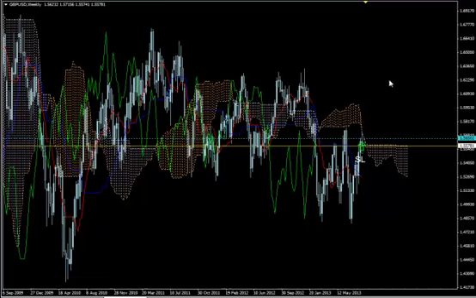It follows the route of less resistance or less support. So it will break through here. It's preferable to break out and go up. It's easier for the price than keep falling.